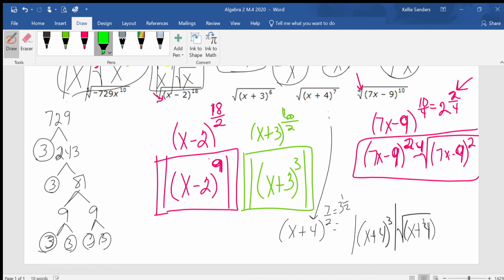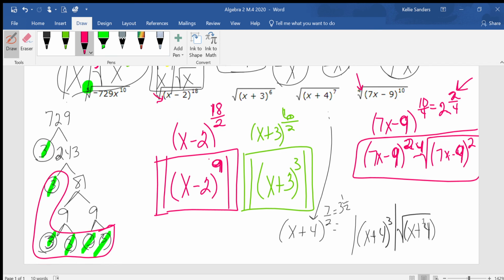So how many 3's do I have circled? 1, 2, 3, 4, 5, and 6, right? What is our root right here? 5. So I need 5 of a kind. Well, I had 6 of a kind. So this one group of 5 is going to go to the outside and become negative 3.